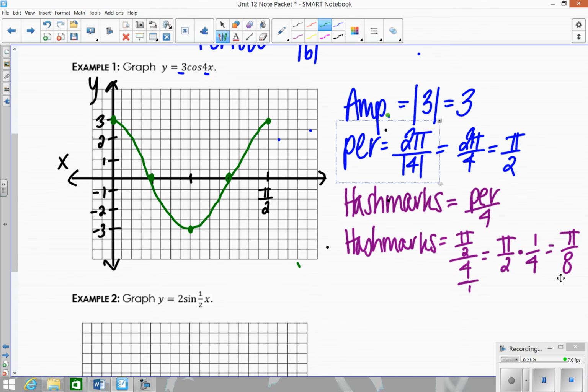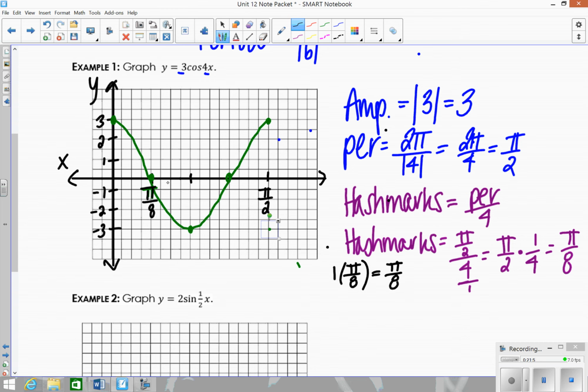So since my hash marks start at pi over 8, this one's going to be pi over 8, basically like 1/8 pi. Then we have plus pi over 8 to get to this next one. So what I'm going to do just to show you here, since it's fractions, the first one's always going to be 1 times whatever you get, so pi over 8.